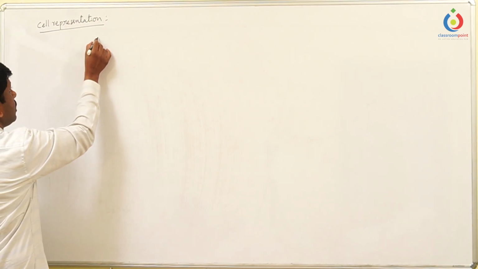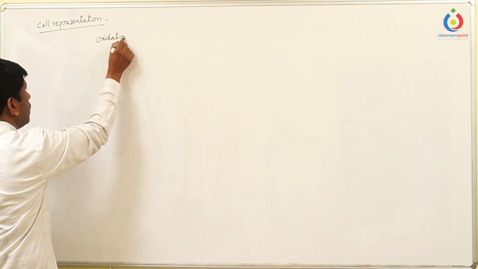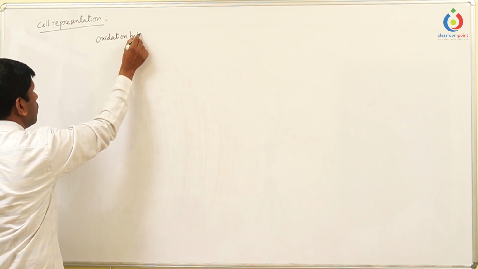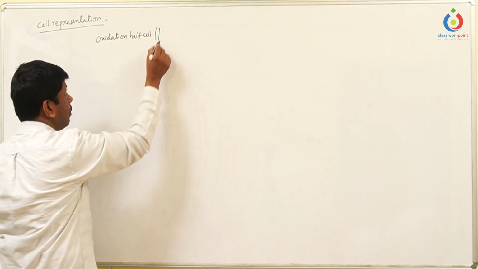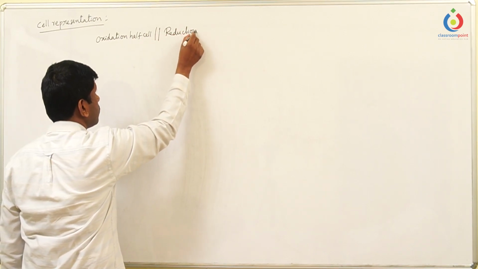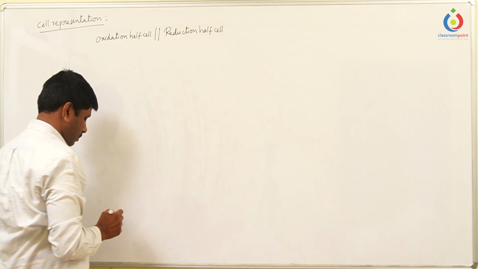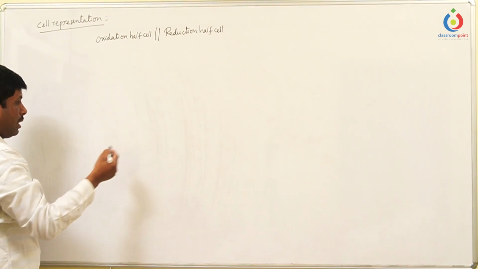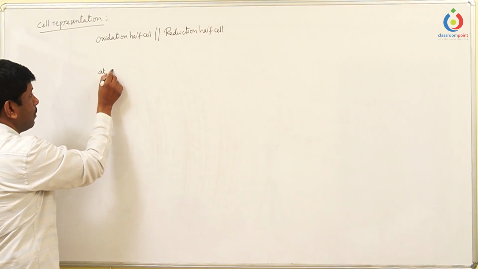Cell representation, that is the notation, always has the oxidation half cell written first, followed by the reduction half cell. We have already seen in the galvanic cell that the oxidation reaction takes place at the anode.